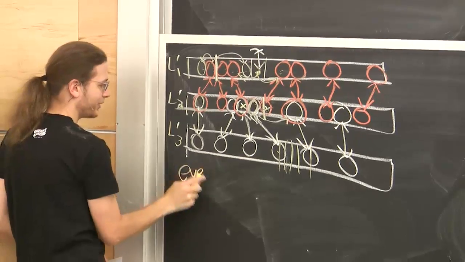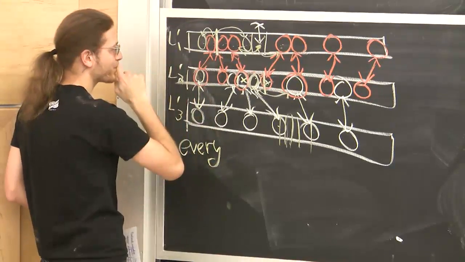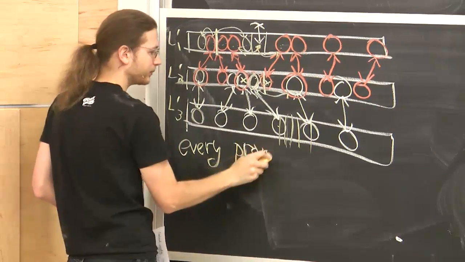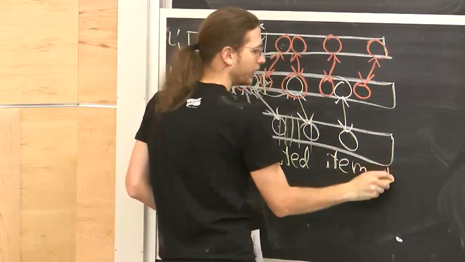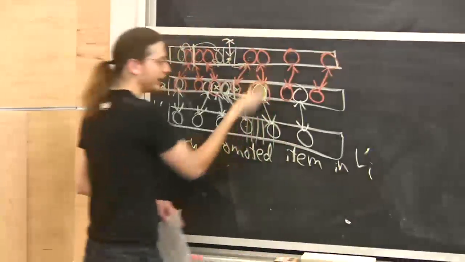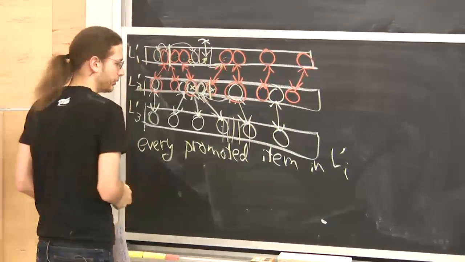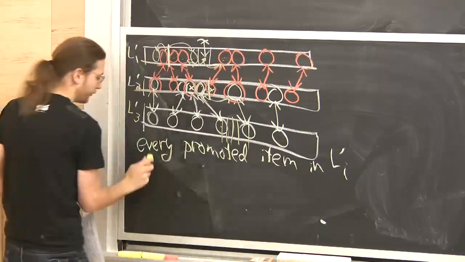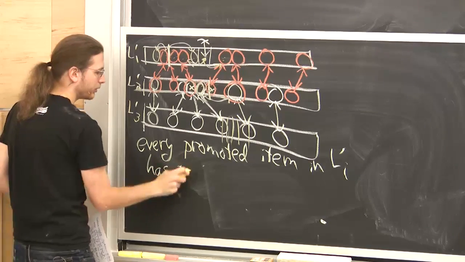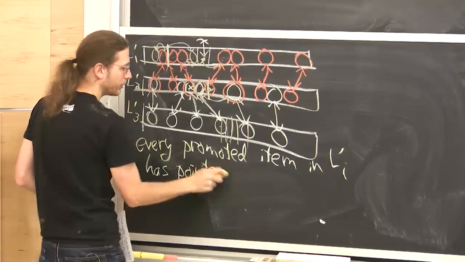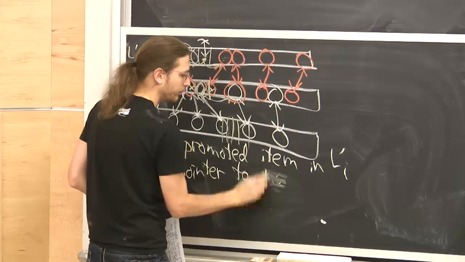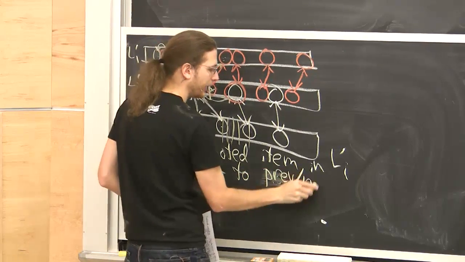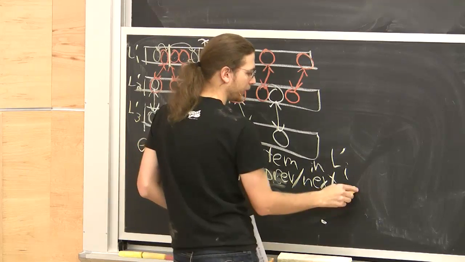So every promoted item in Li prime, that means it came from a promotion from below, has a pointer to previous and next non-promoted item.